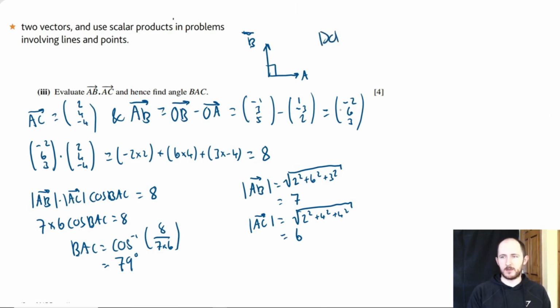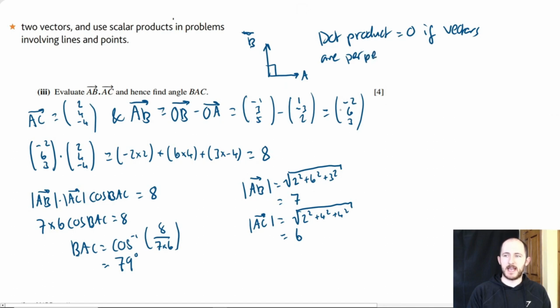So dot product equals 0 if the vectors are perpendicular. So we can use this as a test to work out if two vectors are perpendicular. One way is literally if you times and add the components and they equal 0, you know for a fact that they are perpendicular vectors, which is a pretty handy thing to have, actually. And the reason why is because cos of 90 is 0. Nice and easy.